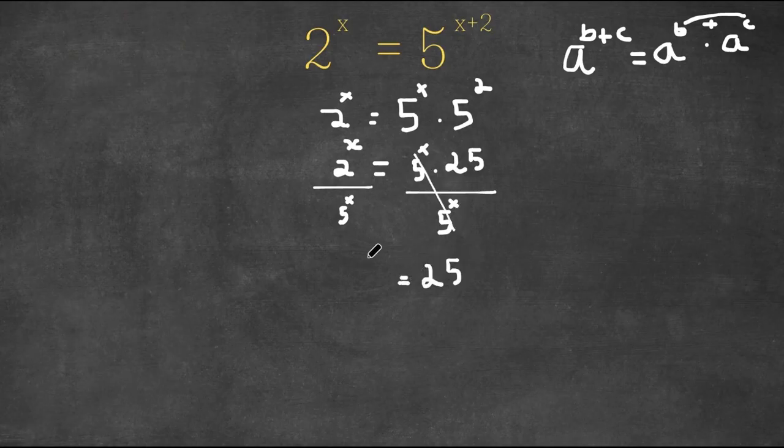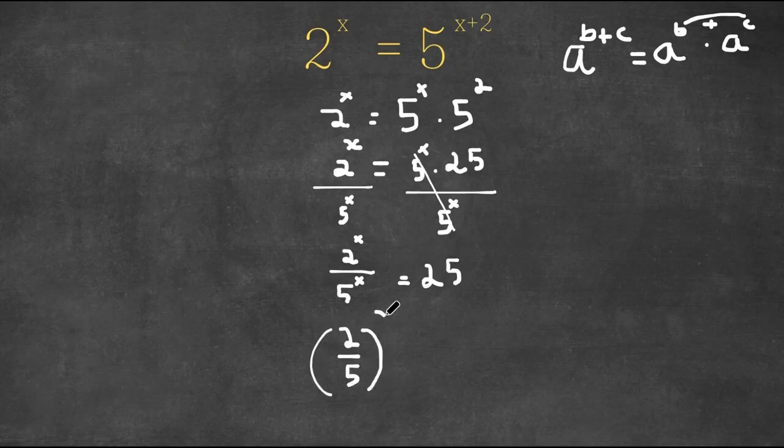And on our left-hand side, we'll have 2 to the x over 5 to the power of x. And this can actually be written as 2 over 5 whole power x. And this is equal to 25.